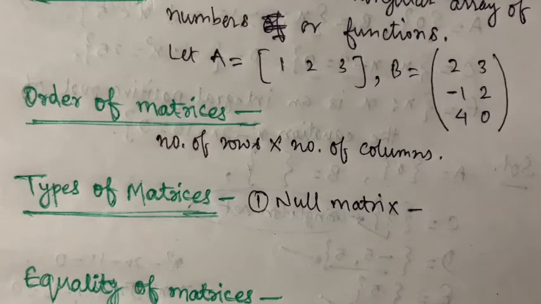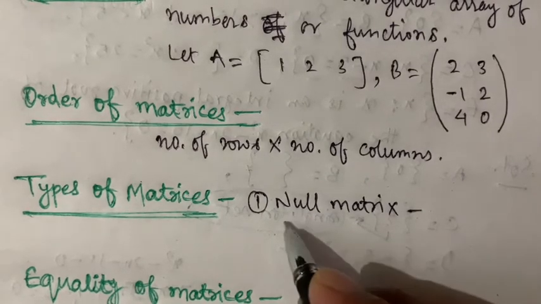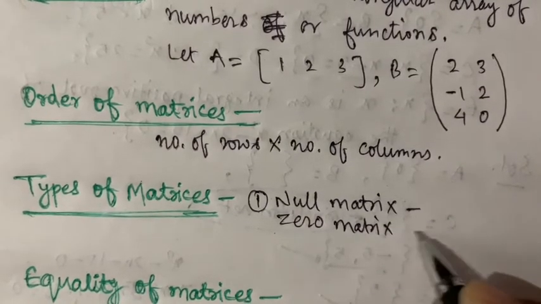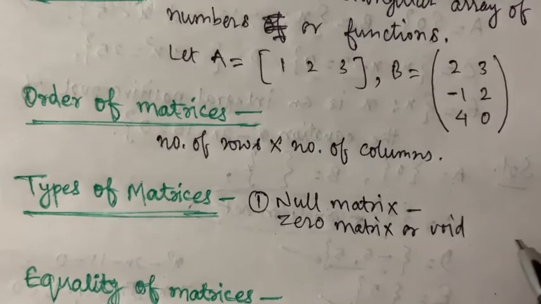That means we get the matrix as it is. So we say it is the additive identity. Null matrices are known as zero matrix or void matrix as well.